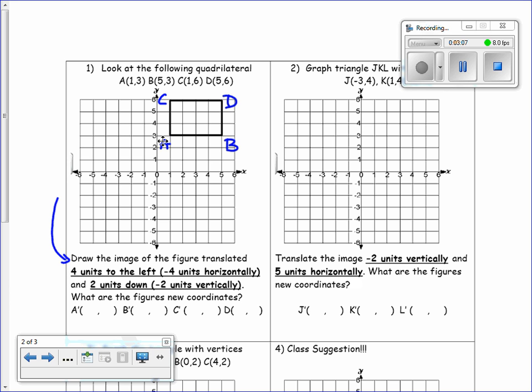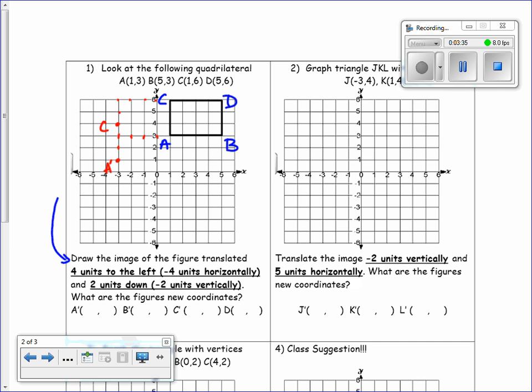Okay, so we can go ahead and do this by moving each of these points, A, B, C, and D, -4 horizontally, or going 1, 2, 3, 4 horizontally, and down 2, 1, 2, to where this is my new A prime. C, I'm going to do the same thing. 1, 2, 3, 4, and down 2.